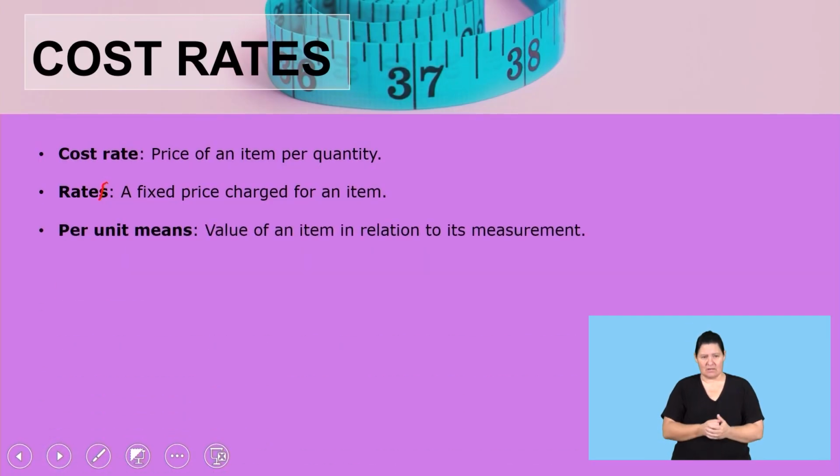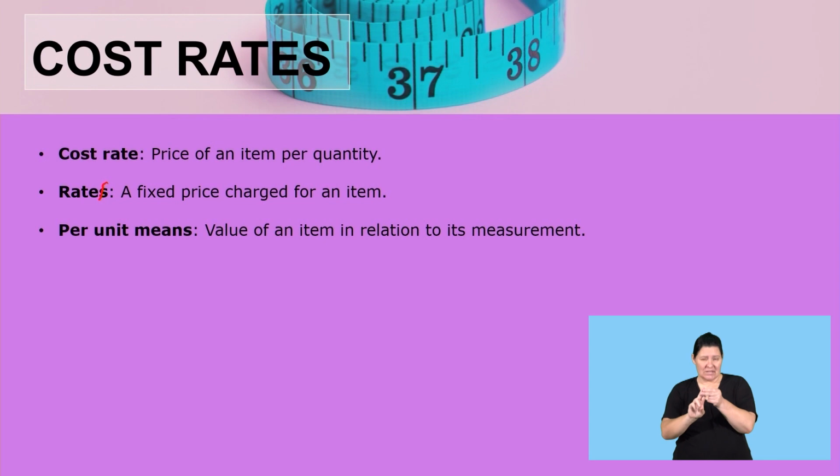And now we have per unit. Remember, at the beginning I said you should be able to define what per means in this context as we are dealing with rates. When we talk about per unit, it means the value of an item in relation to its measurement. Like if you buy a pack of sweets, when we say per, we imply how many sweets you are buying, the quantity that you are buying.